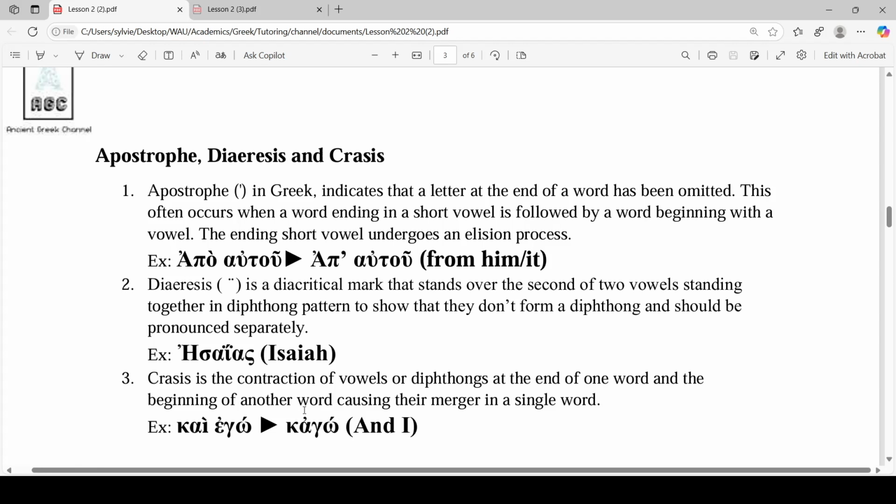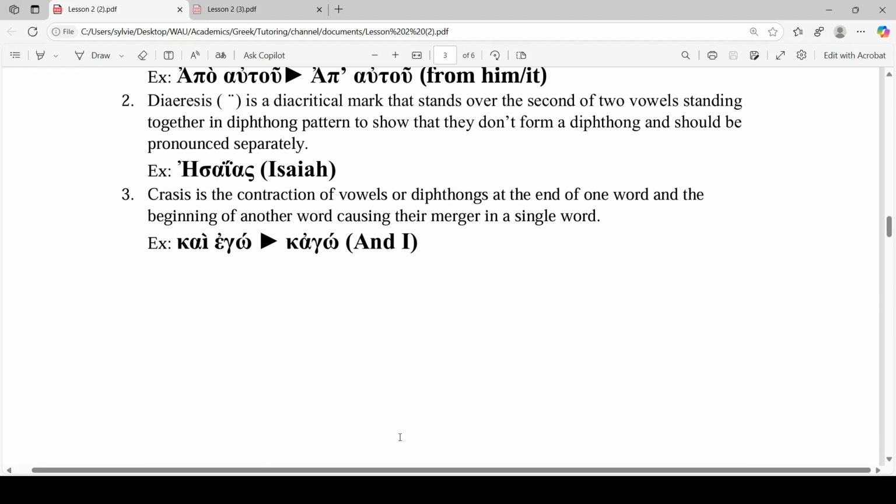You will encounter kai ego in many Greek sentences, but you can also encounter this form. And when you say it, remember that it refers to this Greek phenomenon, crasis, and it is equivalent to these two words kai ego. Okay? Very important.